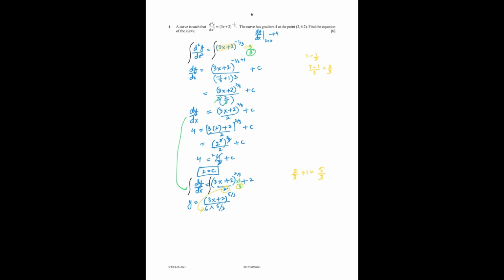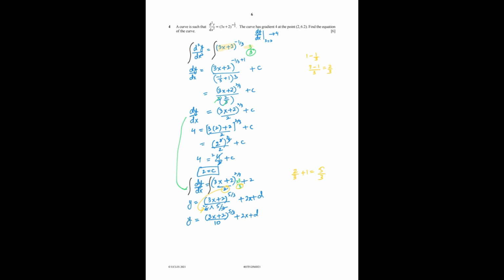And then we have plus 2, and the constant is d this time. It won't be 2, it will be 2x, because it is integrated now. After that we can simplify, so 3 ones are 3 and 3 twos are 6. So the expression left over is (3x + 2) to the power of 5/3 divided by 2 fives are 10, plus 2x plus d, equals y.